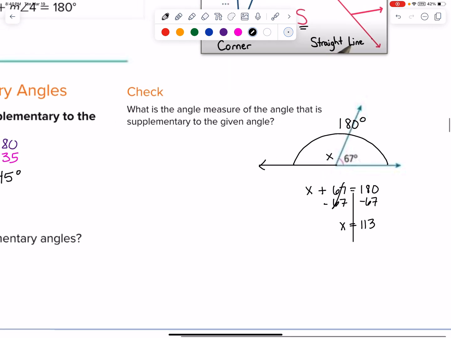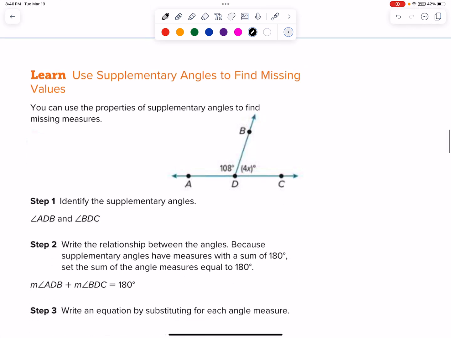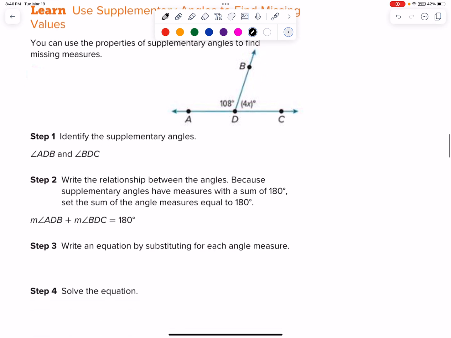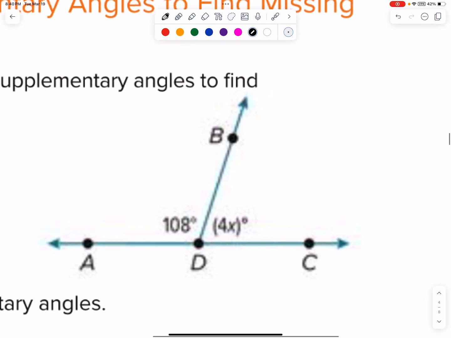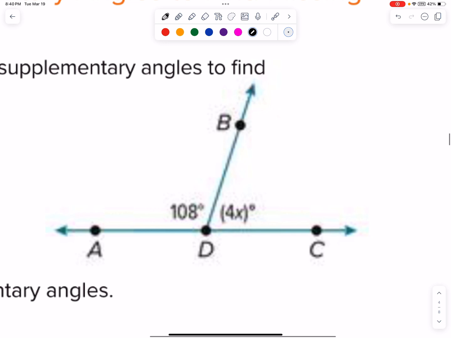All right, let's take a look at the next one. So learn how to use supplementary angles to find missing values. We've really just been doing this. I think you could tackle this just fine. So the first thing, though, is we've learned about vertical angles and complementary angles and supplementary angles and adjacent things.